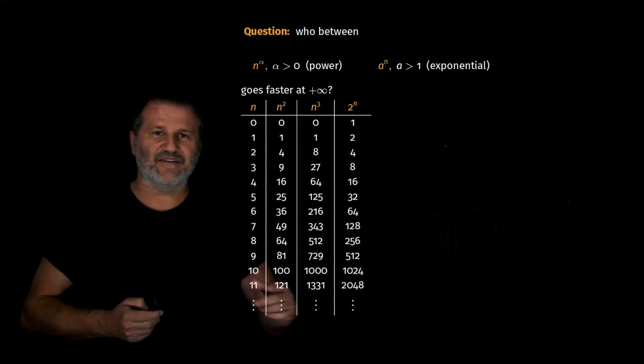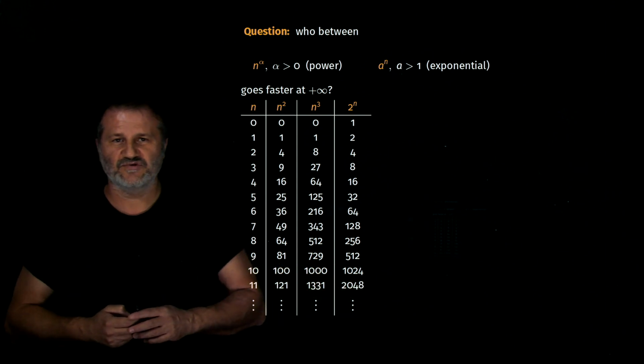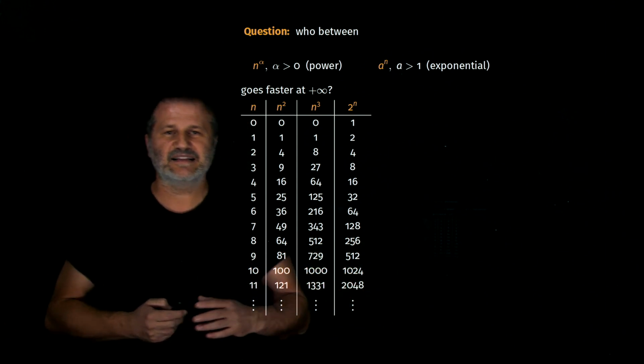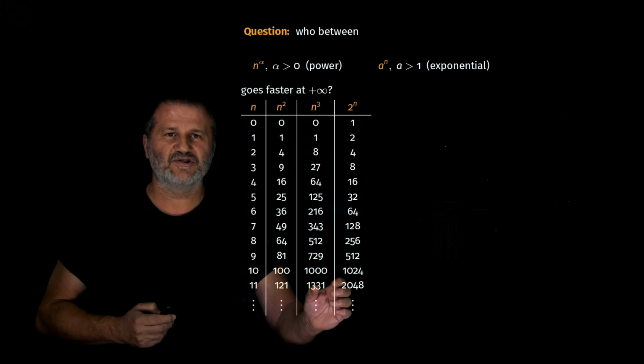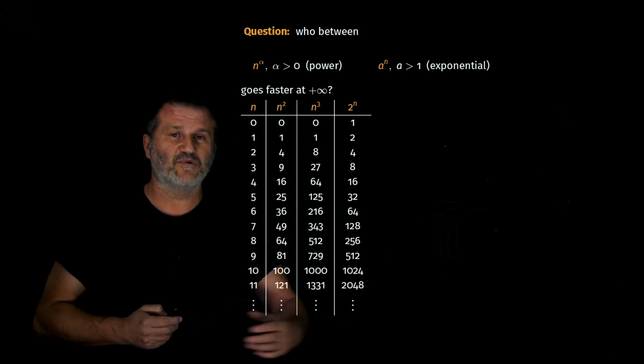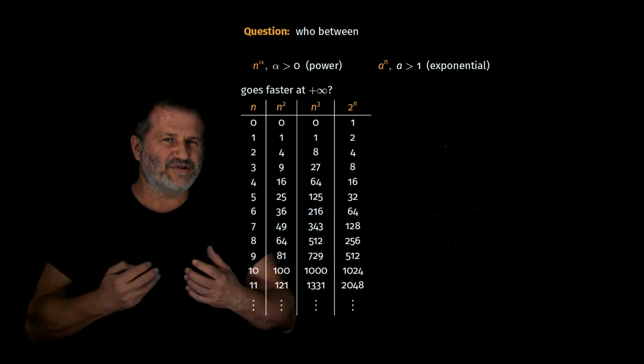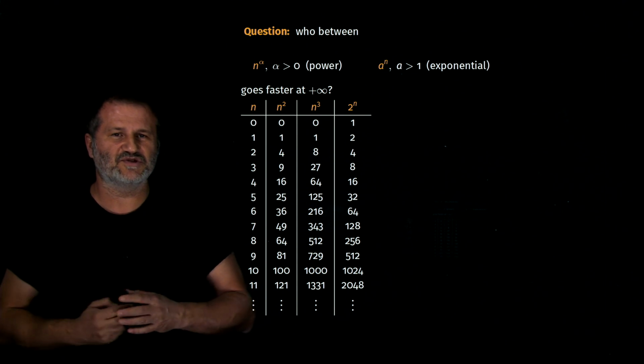For n equals 11, you see that the ratio has reversed, because now n cubed is more or less 1/2 of 2 to the n. And if you continue like that, you will see that the ratio n cubed divided by 2 to the n becomes smaller and smaller. The reasonable guess is that the ratio is going to 0.